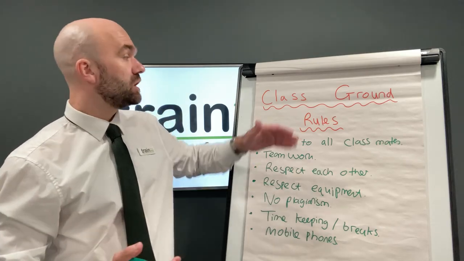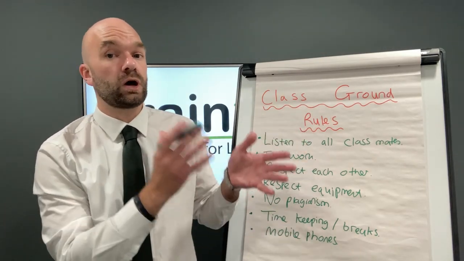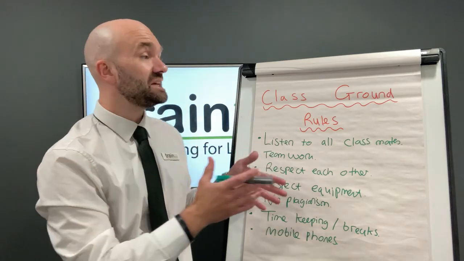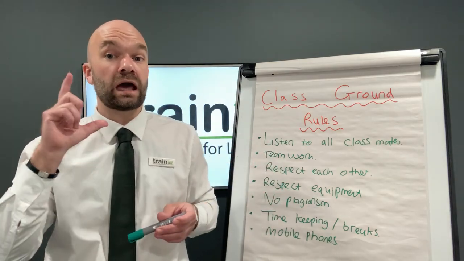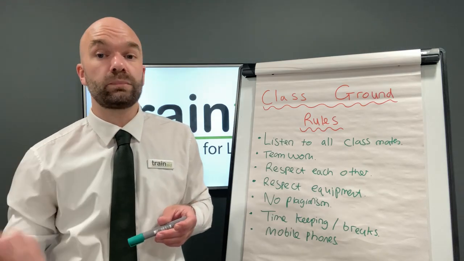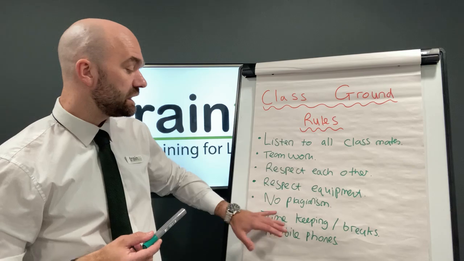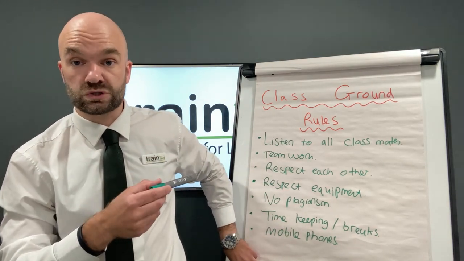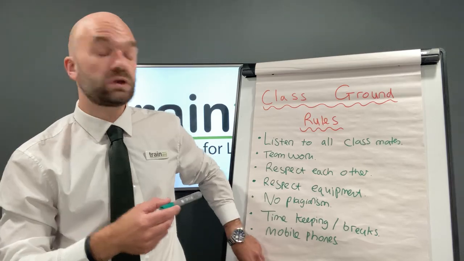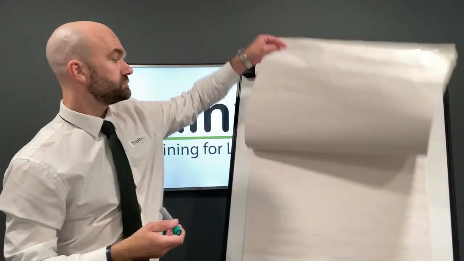So we really need to come up with the rules of whether mobile phones are going to be used as a teaching resource, or whether we say to learners, okay, everyone turn your mobile phone off and put it into your bag for the duration of the lesson. So hopefully that is going to be used within the ground rules as well. So those are just some classroom rules.